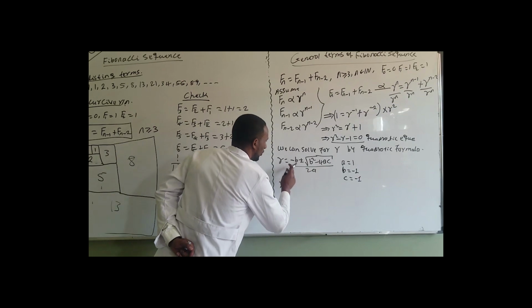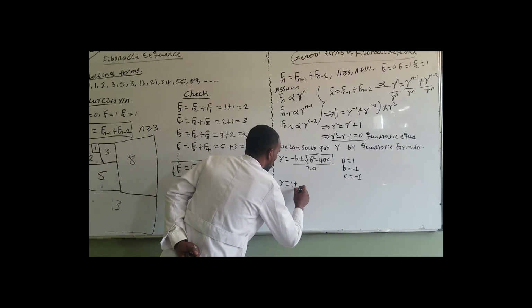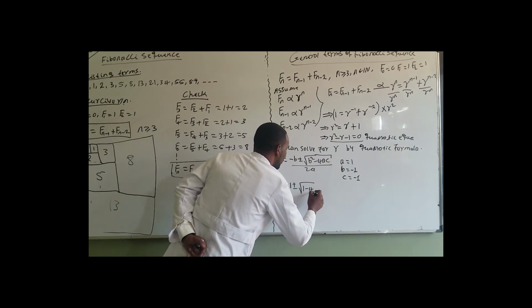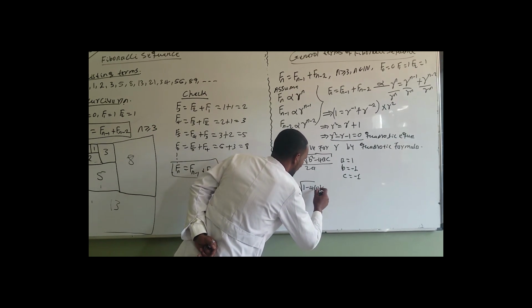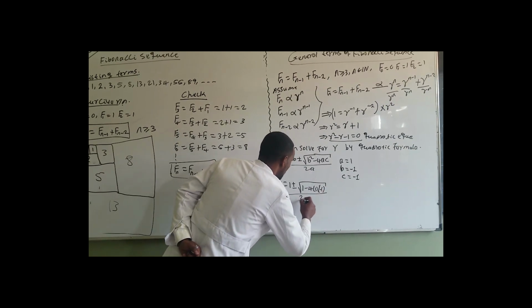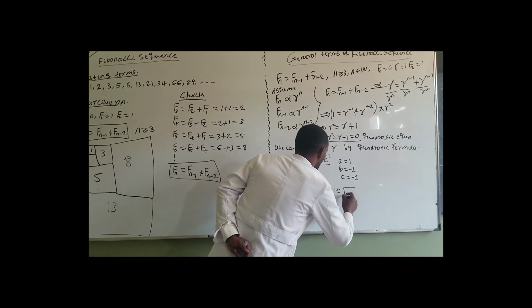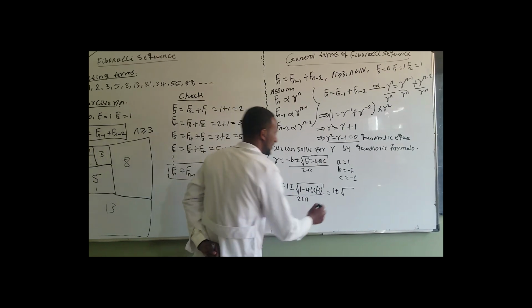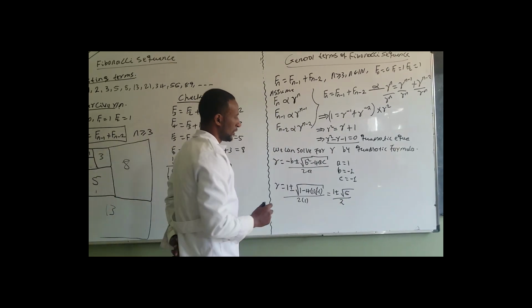Then r is equal to negative of negative 1, which means 1, plus or minus the square root of b squared, which is negative 1 squared, is 1, minus 4 times a, which is 1, times c, which is negative 1, over 2 times a, which is 1. This is equal to 1 plus or minus the square root of 1 minus times minus 1, which is plus, so it becomes 5, over 2. 2 times 1 means 2.